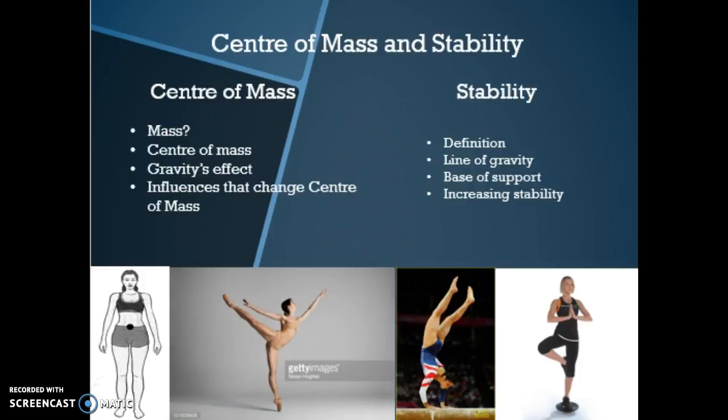In the pictures at the bottom, we can see that the woman on the left is standing upright, and her center of mass is by her belly button area. That would mean she's most stable there. But if she were a ballerina performing one of those advanced techniques, her center of mass may be outside the body.